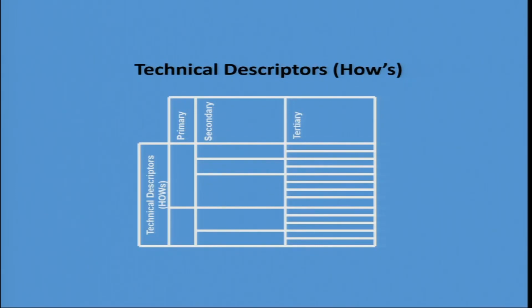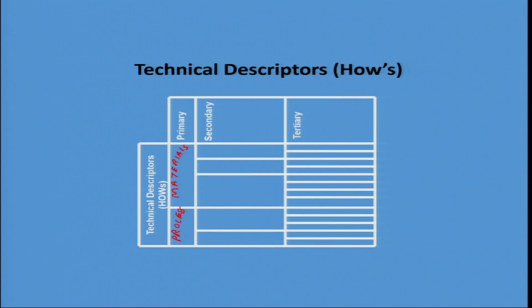Then the technical descriptors, again some primary descriptors: what material you are going to use and what basic process you are going to apply. So, it can be in the form of materials and it can be in the form of process. There can be two primary technical descriptors, with respect to materials and with respect to processes.